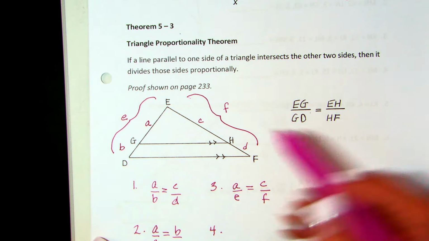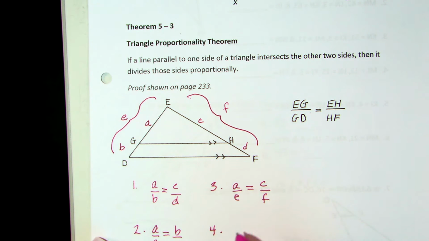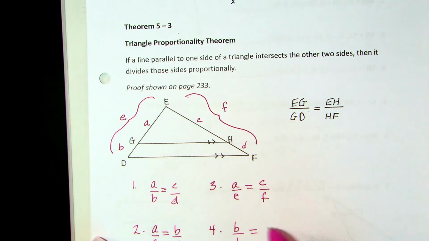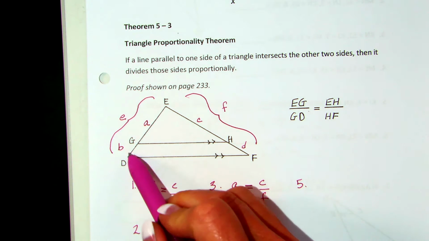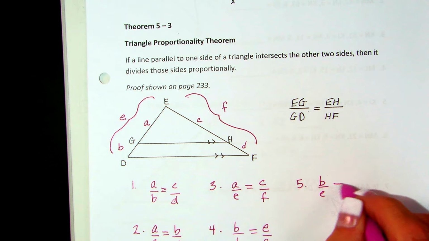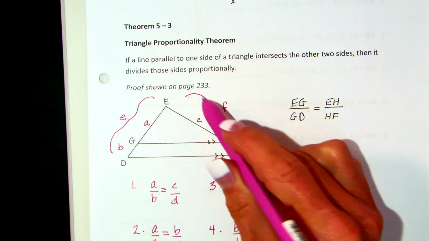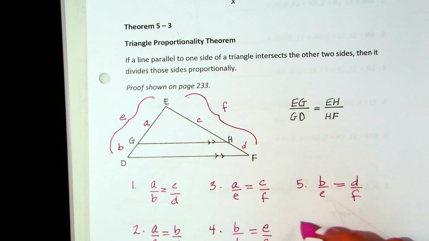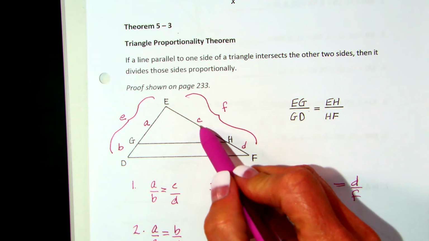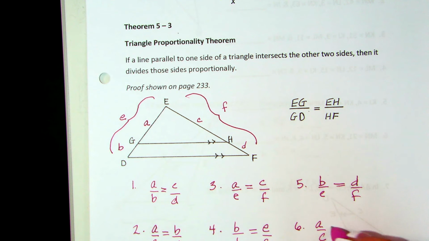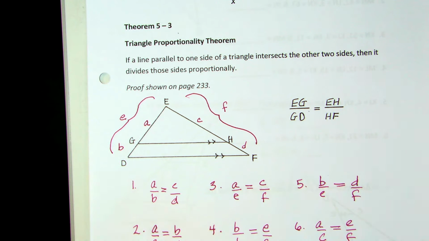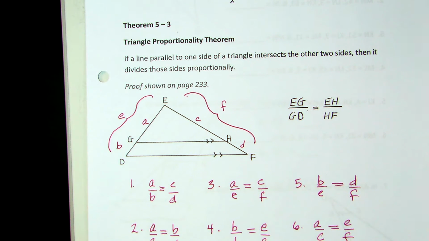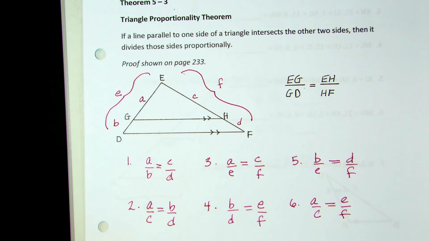And a fourth way could be B is to D as E is to F. And the fifth way you could set it up would be B is to E as D is to F. And then a sixth way could be A is to C as E is to F. So those are 6 versions of proportions that you could set up using that diagram.